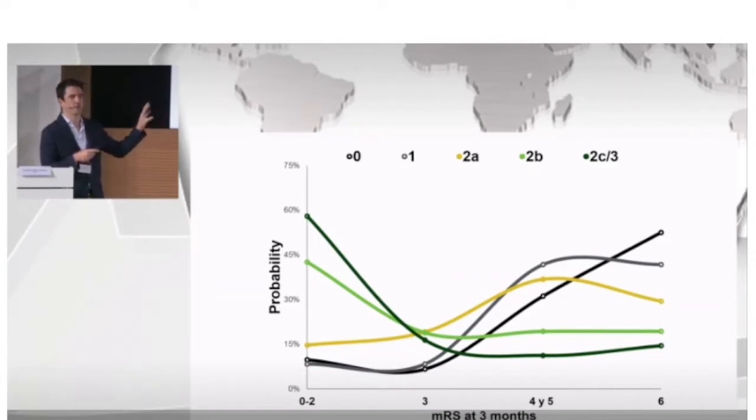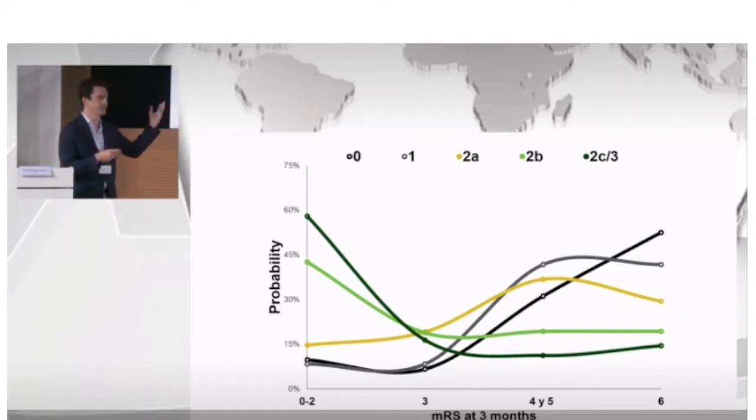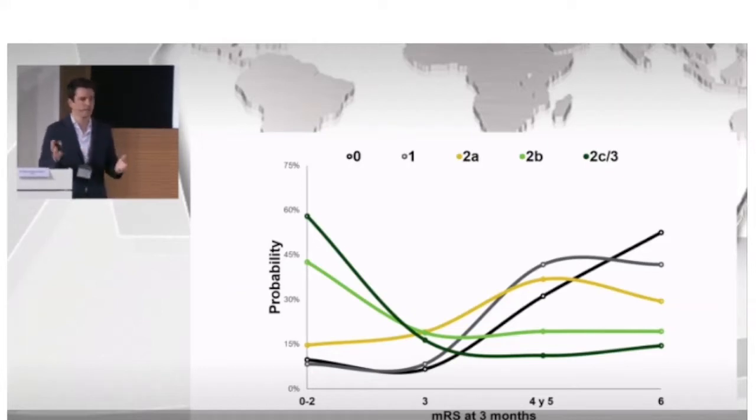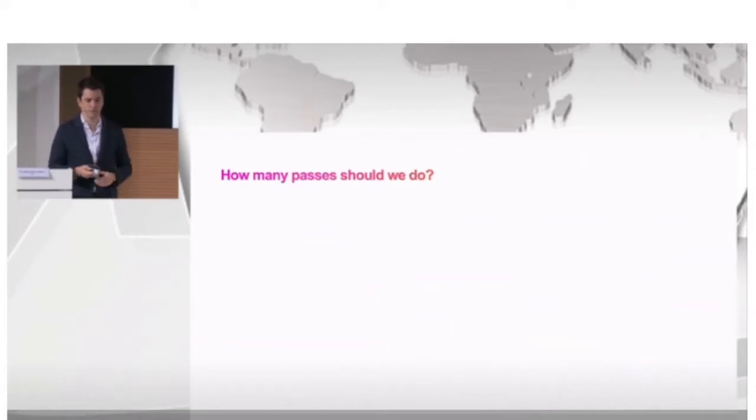So if doing anything different than removing the clot increases that number, maybe it's something we need to be aware of. Of course, if ranking 6 increases crazily, it's also a problem, but that's something we need to take into account. And we know that the better the TICI, the better the ranking 0 to 2 and the lower the mortality.